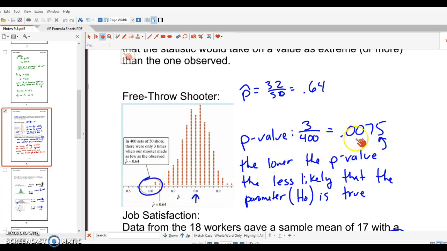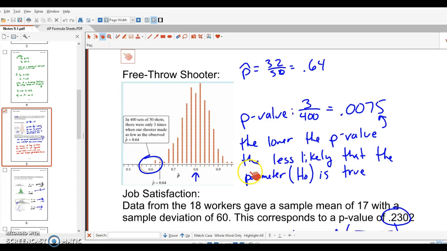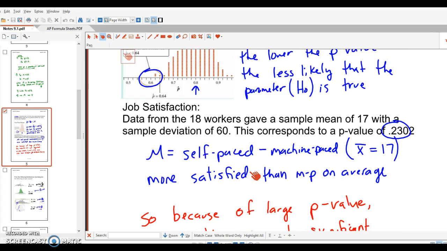So because that likelihood is so small, that would suggest that if the player does get a 64% without having injury or some other factor adding into that, maybe they really aren't an 80% free throw shooter.